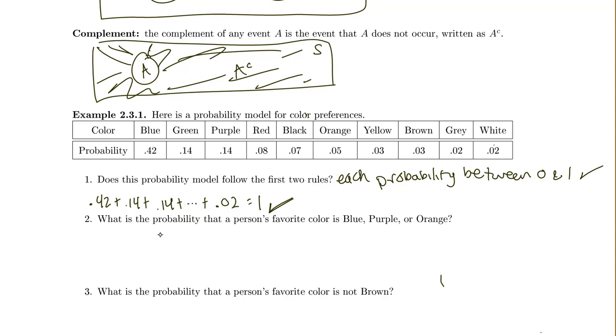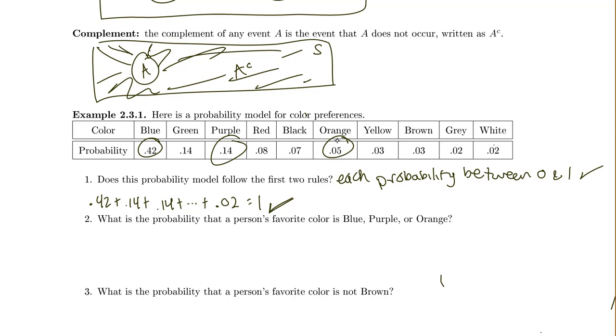Now, the next two rules are just more useful. For example, what is the probability that a person's favorite color is blue, purple, or orange? So I look up blue, purple, orange. Now these colors don't have anything in common. We're not overlapping because you can only pick one favorite color in this scenario.